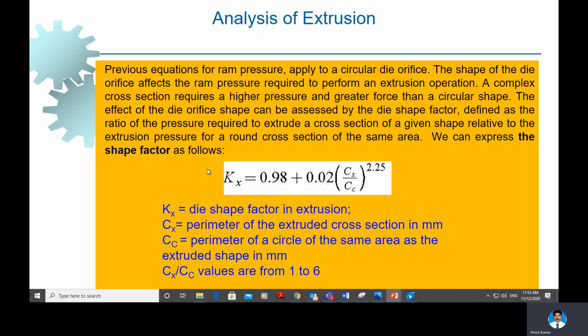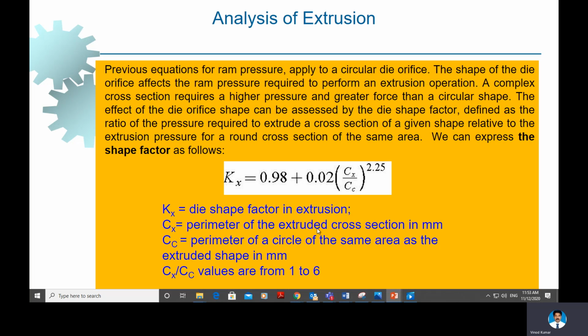So how we can calculate it exactly is by a term called shape factor. What is shape factor? Shape factor is Kx, which is 0.98 plus 0.02, this is an empirical equation, times Cx over Cc raised to 2.25.